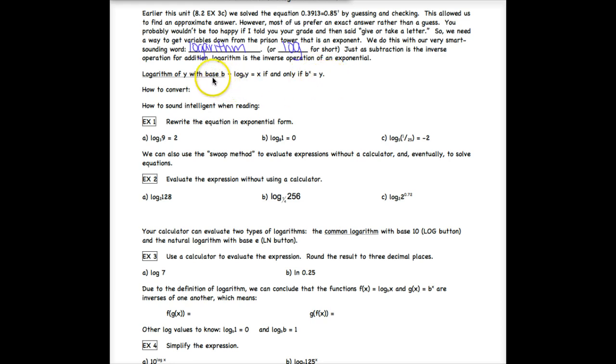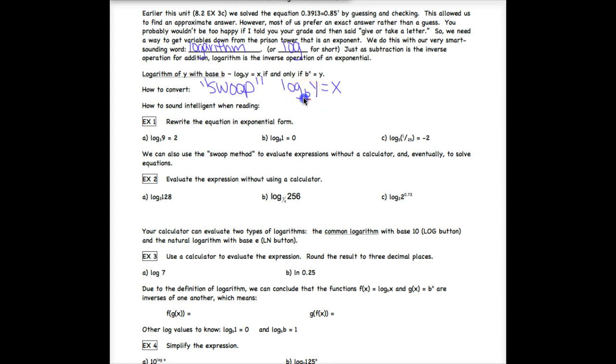So we convert from one form to another, and the process we use, I call it the swoop. I'm sure there are lots of people that call it something different, but what we're going to do is we're going to start with this log, same exact thing that we saw right above. But here's what I mean by the swoop. When you start a swoop, you're going to start with the base of the logarithm.